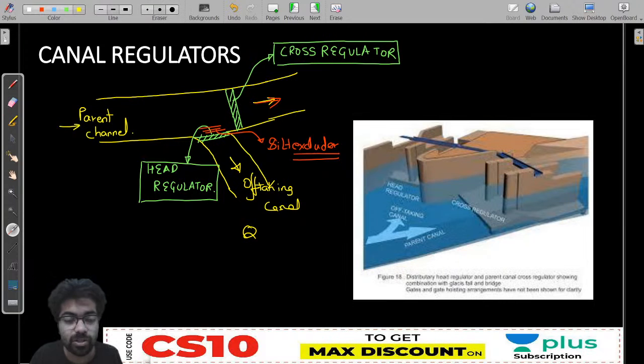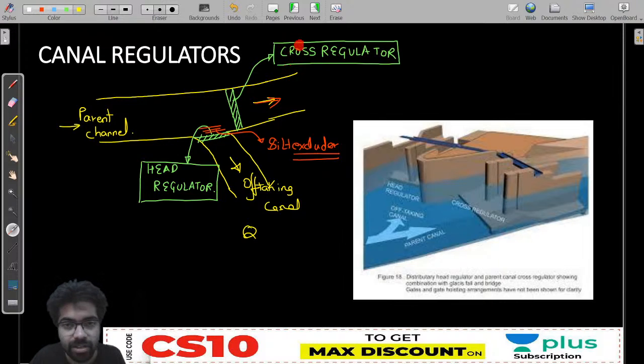Whenever the water level is low, you will raise it by closing the gates of the cross regulator so that the entire water in the river is diverted towards the head regulator, towards the canal. Then also your discharge will remain constant, because whenever discharge is less or more, you are in a situation where you can control both situations.